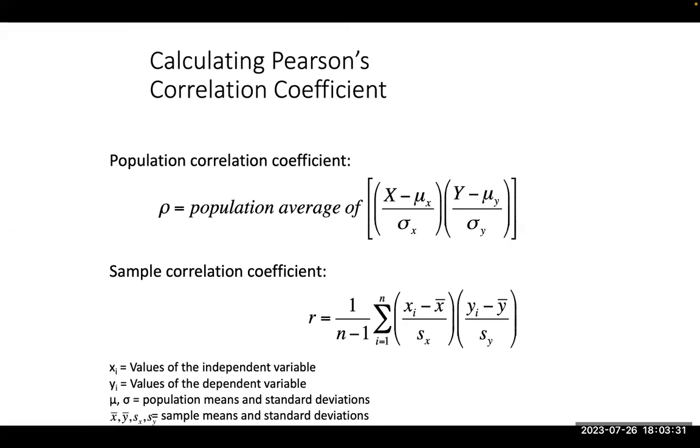And you want to preserve it because you want to quantify with one number, which is a correlation coefficient, whether this is a positive correlation, where the dependent variable increases with the independent variable, or an inverse correlation where the dependent variable decreases with an increase of the independent variable.